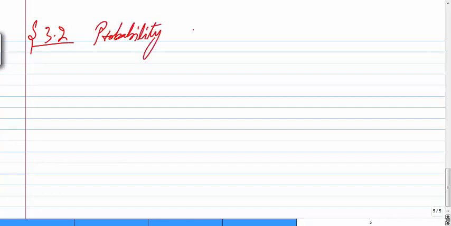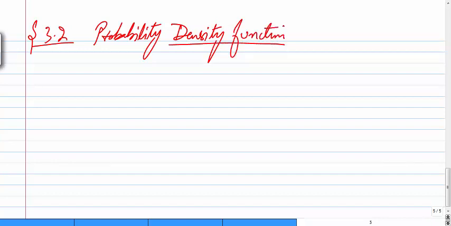Now article 3.2, that is the probability density function. We normally call it the PDF. For the probability density function, first of all we need to look at the definition.